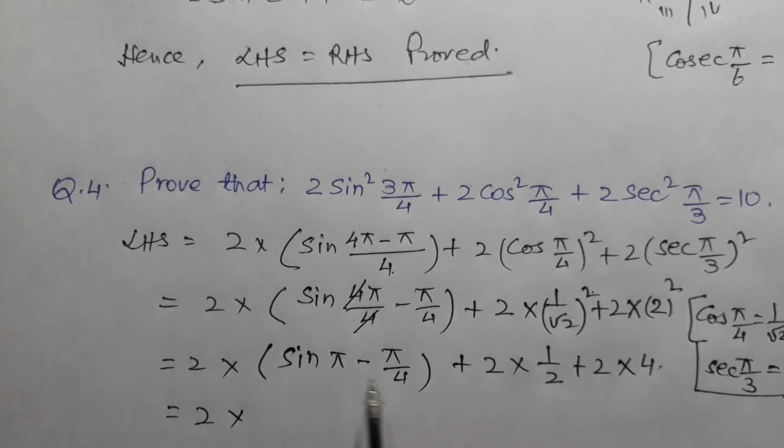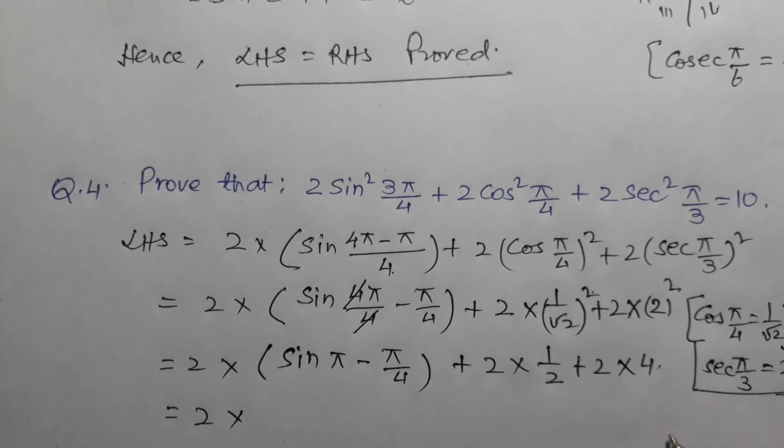So we shall write here 2 into, now the sign will be plus or minus, we can judge it by this quadrant. This is 1, this is 2 quadrant, this is 3, and this is 4, and this is pi, this place is for pi, this is 2 pi, we know.